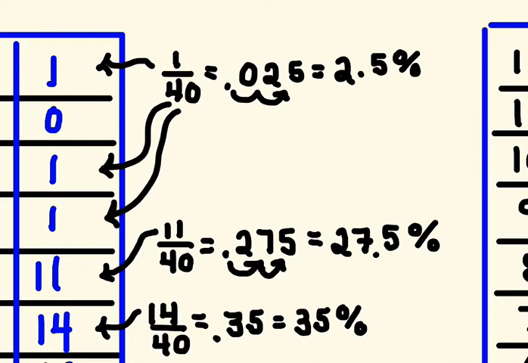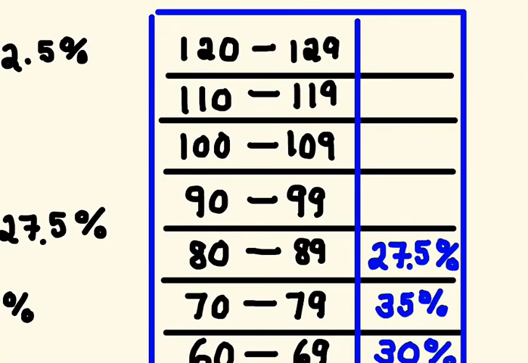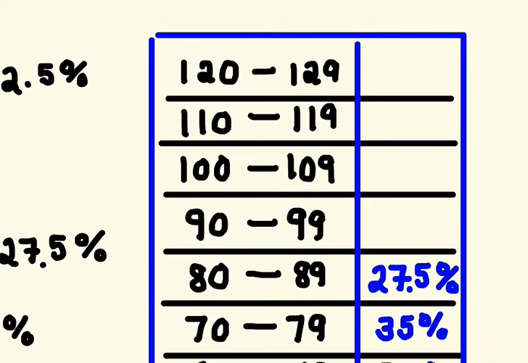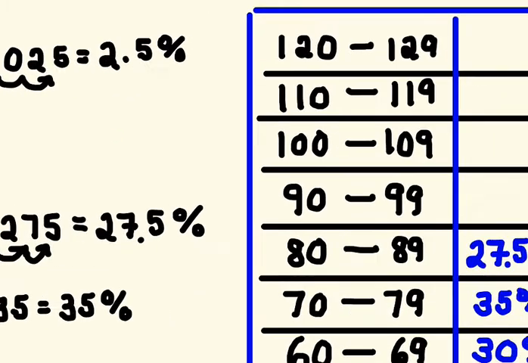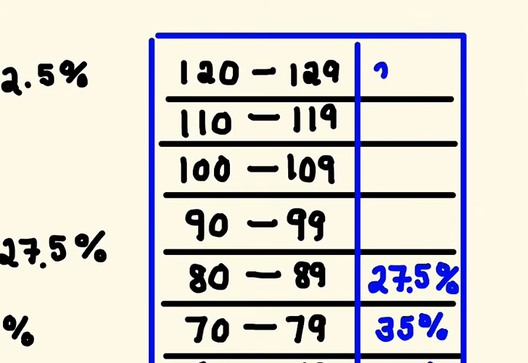And then, of course, this 6th class is 0%. So let's go ahead and put those in here. It's 2.5%. So this is 2.5%. And I'm going to copy this and paste it.